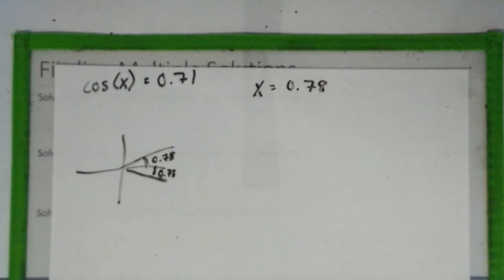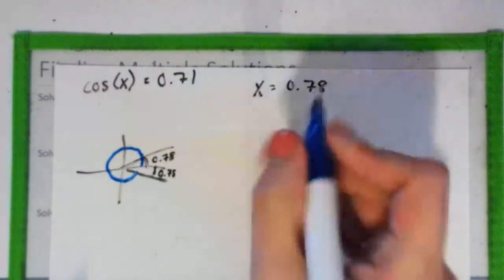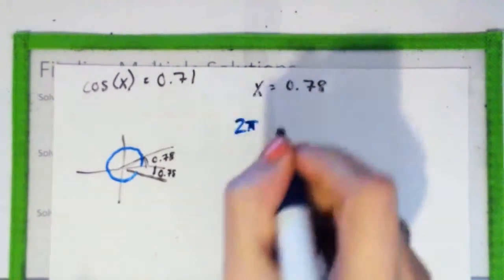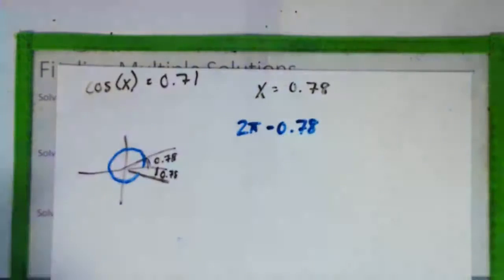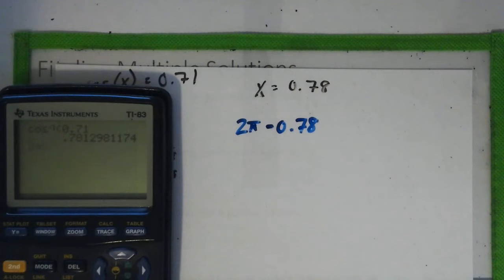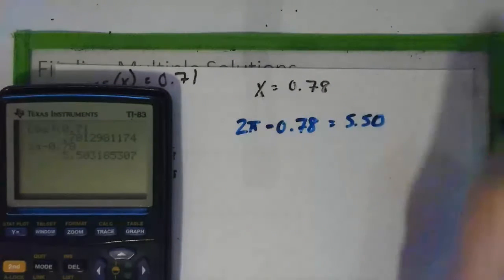So to find the actual angle, we need to go all the way around from the beginning to there. We're going to have to take 2 pi, the full distance around, and subtract the 0.78 reference angle. And 2 pi minus 0.78 is equal to 5.50.